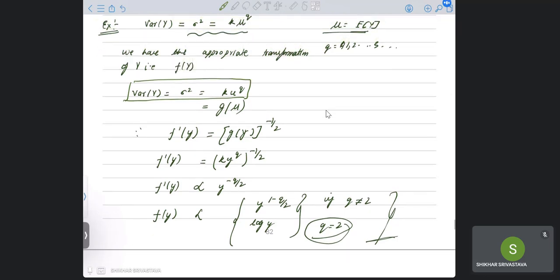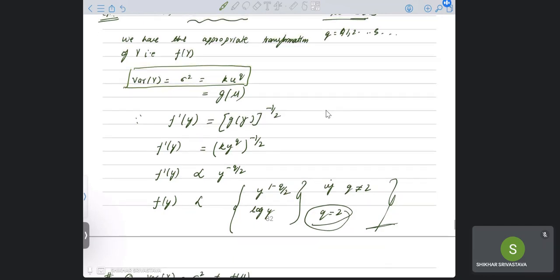So if you just put q equal to 1 in this equation, it will become y to the power 1 minus 1 by 2, root y. So your variance stabilizing factor for this question will be y to the power 1 minus q by 2.